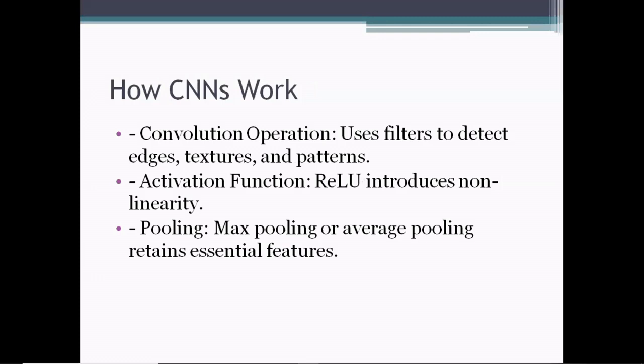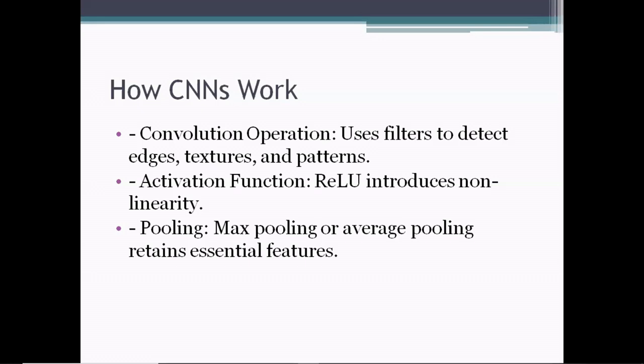Now how does CNN work? Basically, CNN works through convolutional operations, using filters to detect edges, textures, and patterns from the images. On the basis of that, it decides which particular edges take part in the classification, and if the edges are not matched, then that data is not used in the classification.